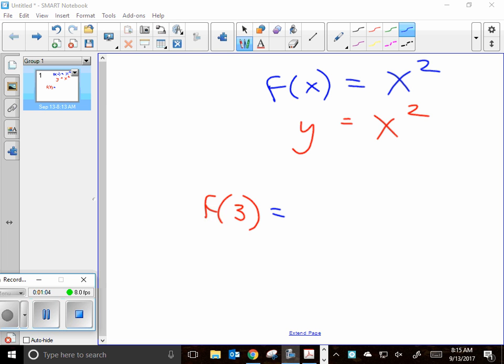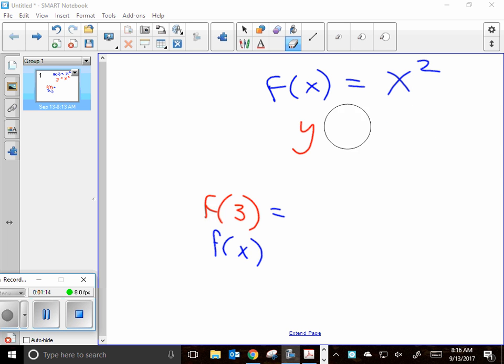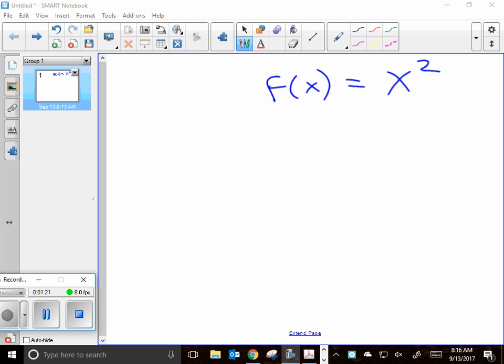All right, so if it says f of 3, do you get that's like f of x, and it's like saying that x is 3? So if I say what's f of 3, well, first of all, I'm not going to use this one because I have the f notation. And then I'm going to do f of 3. And a common mistake people think is that you have to put it in here. You don't. Where do you have to put the 3?